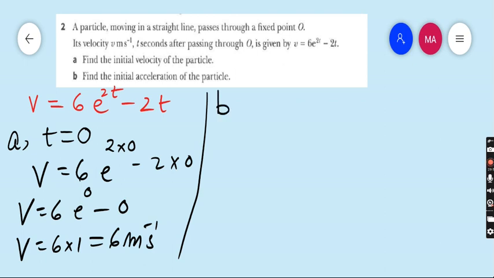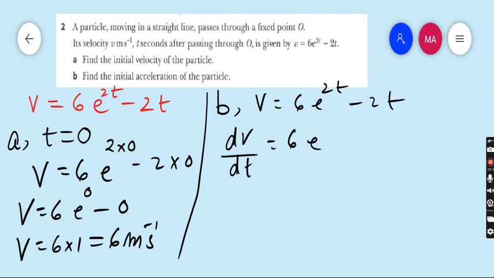Part B. Find the initial acceleration of the particle. Very easy. Write v is 6 e power 2t minus 2t. Find the acceleration, dv by dt. 6 e power 2t derivative is e power 2t into derivative of its function, that is the derivative of 2t. 2t derivative is 2, minus 2t derivative is 2.